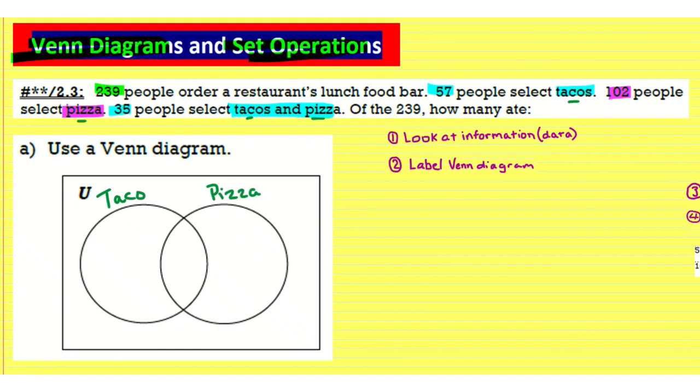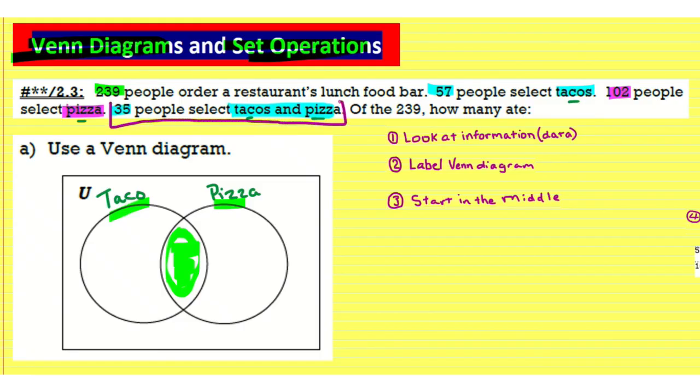Okay, so the next thing that we're going to do is we are going to start in the middle. The middle of our Venn diagram is this area right here. This area is the overlap between tacos and pizza. So it is going to be connected to this sentence right here. 35 people select tacos and pizza because the middle represents the area where they ate both pizza and tacos.